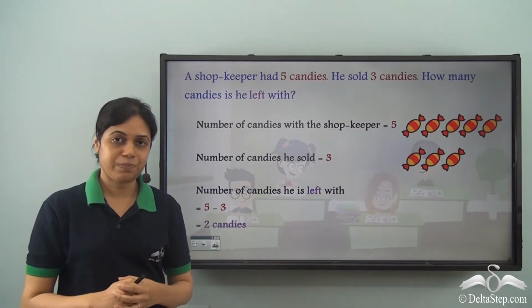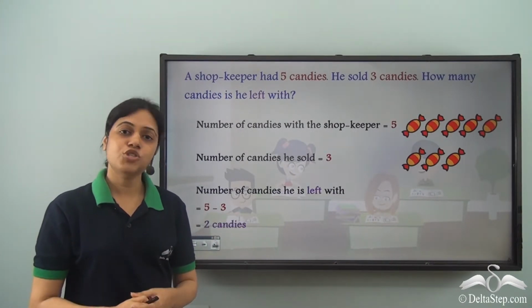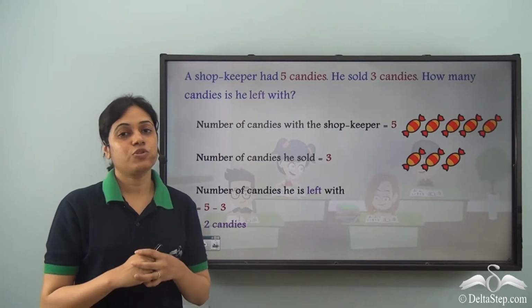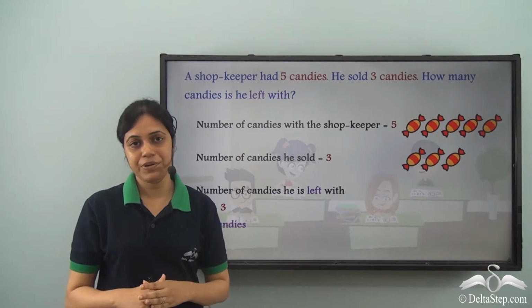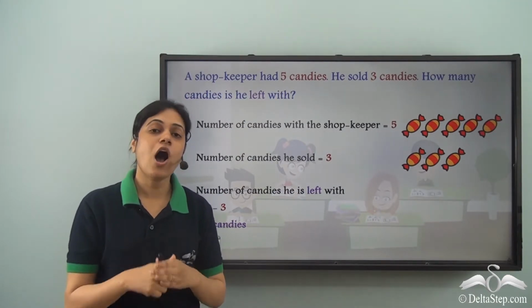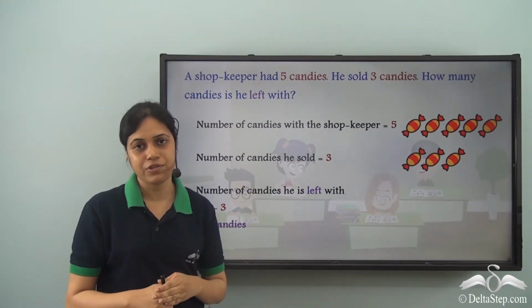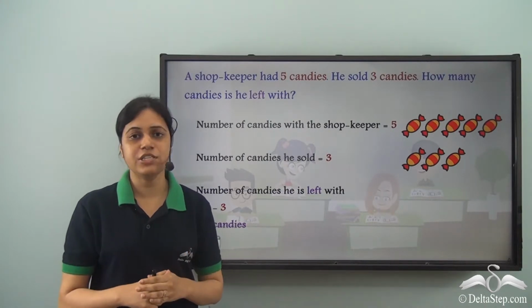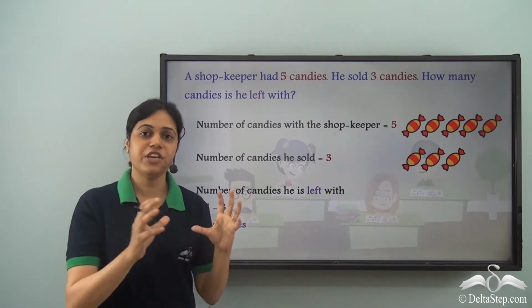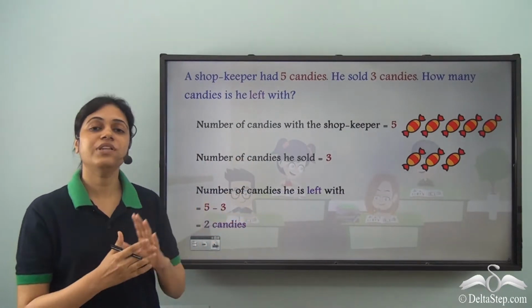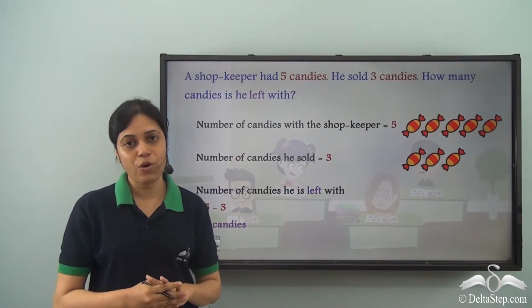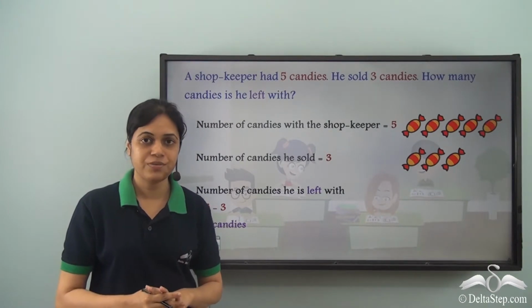So the shopkeeper is left with 2 candies. So this is how subtraction helped the shopkeeper in finding out how many candies is he left with. So these people always need to know how many of each item are they left with. And this is how they can find out using word problems and subtraction.